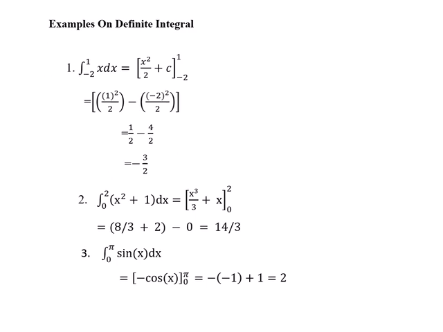Now we move on to examples on definite integral. Here we have number 1 as the integral from -2 to 1 of s ds. You know, the limit is given here from -2 to 1.